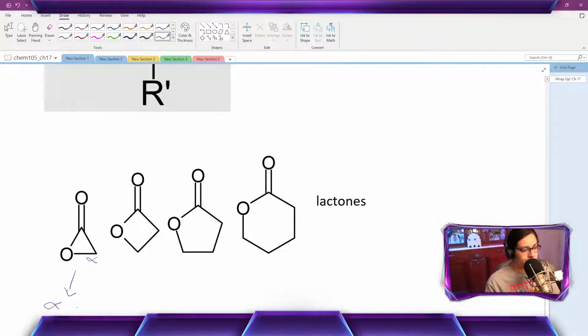And then for this one, now we have 2, so now it's alpha, beta.